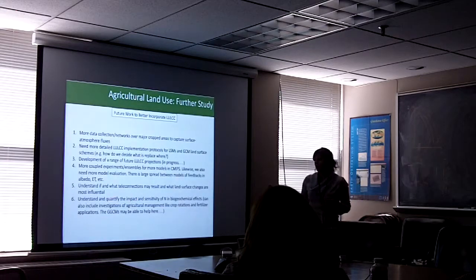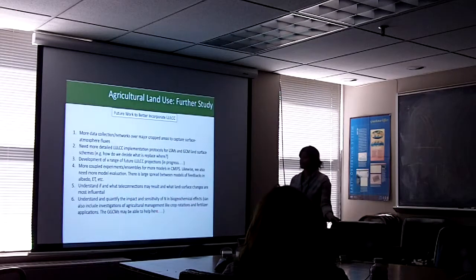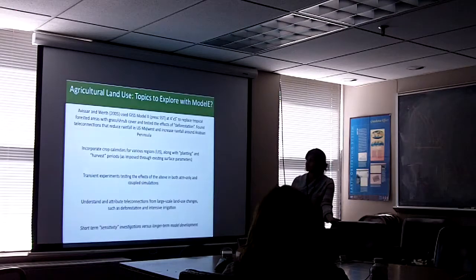And eventually, understanding the role of the nitrogen cycle would be interesting, though perhaps not something we want to do in the near term. There was a 2005 study that used Model 2 to look at tropical deforestation at 4x5, and they found teleconnections to the US Midwest and the Arabian Peninsula. It might be interesting to revisit that.